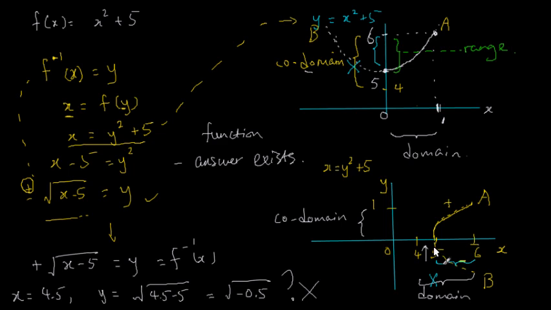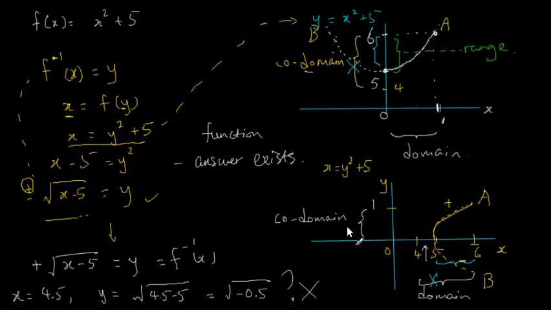So now each and every value in the domain can have an answer in the codomain. So by shrinking or restricting the domain, we can now have an inverse function. An inverse function can now exist.